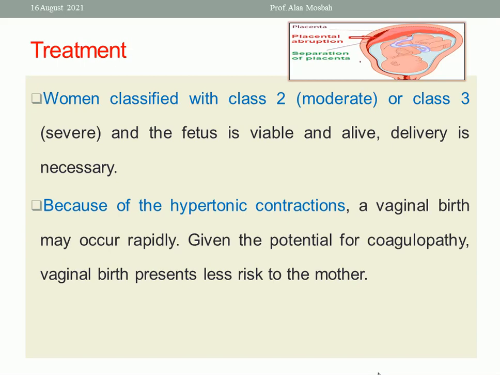So vaginal delivery, if it can be done, is much better than cesarean section. But at the same time, don't take a long journey in vaginal delivery. You should follow the rules of the partogram, and delivery should be achieved within a reasonable time, because a long labor may precipitate complications to the mother or fetus. So you should be careful about this.